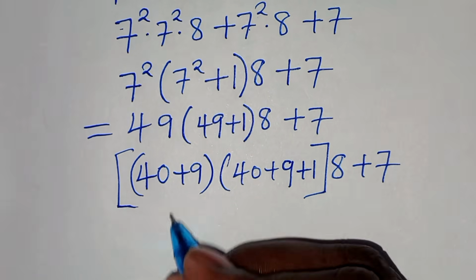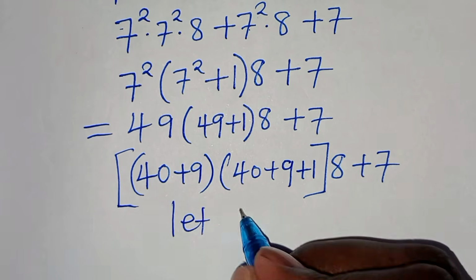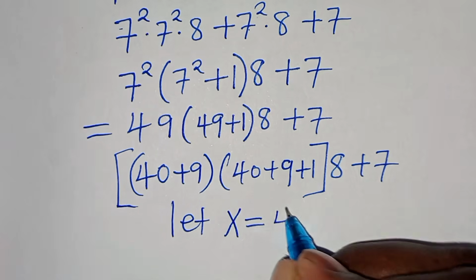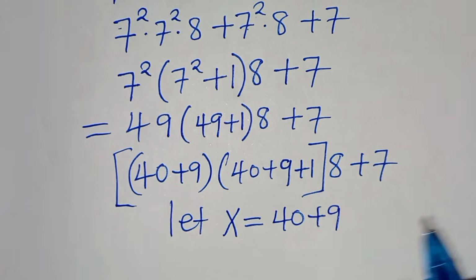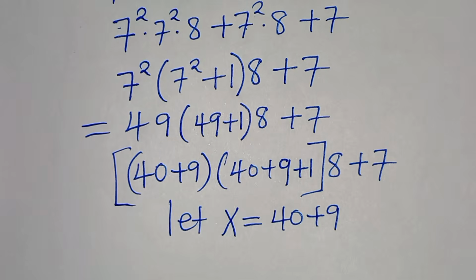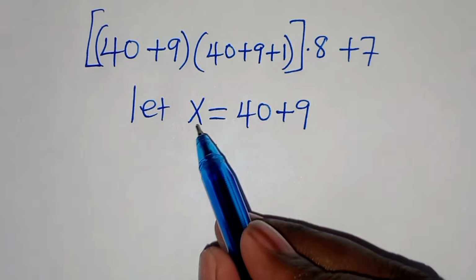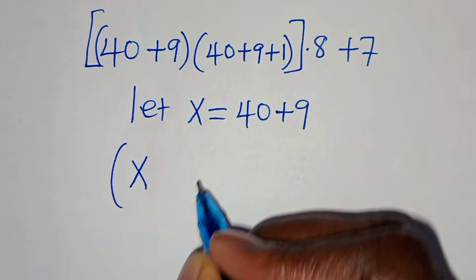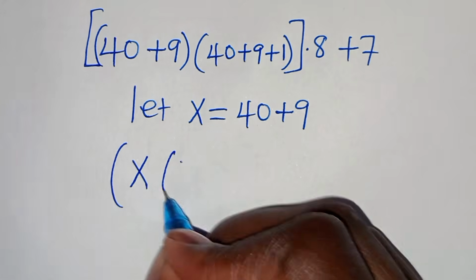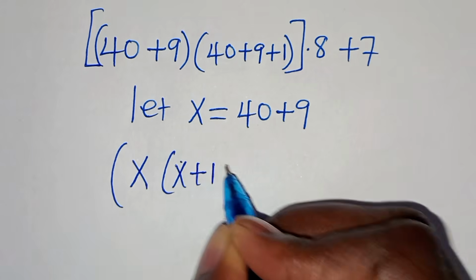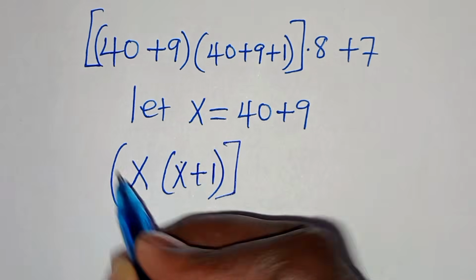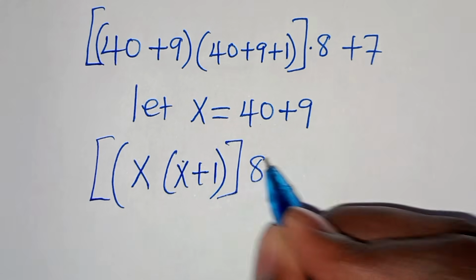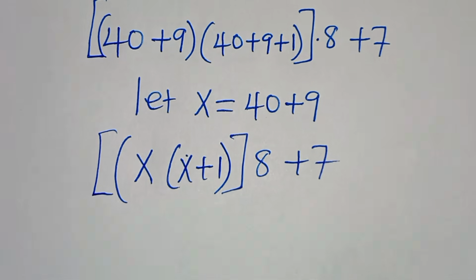The next step is that we can let x be equal to 40 plus 9. Now let's substitute x here so that we have x multiplied by x plus 1, close the parentheses, everything here multiplied by 8, then plus 7.